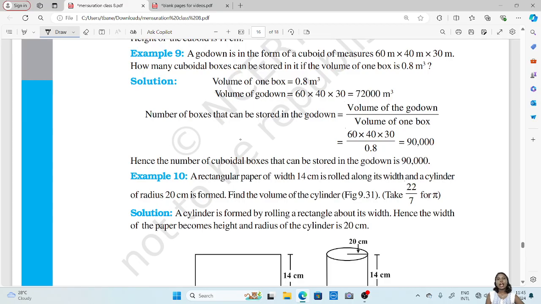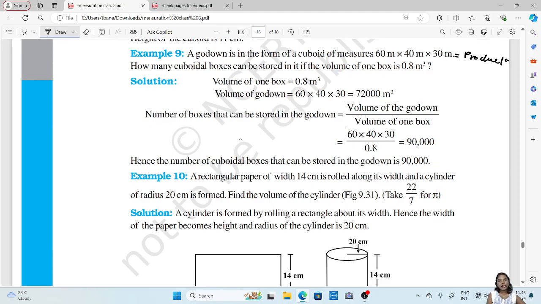They are asking how many cuboidal boxes can be stored in this godown if each box is 0.8 meter cube. So the volume of one box is given to us, and the volume of the godown we have to find. We basically find the product of these, and that will give you the volume of the godown.